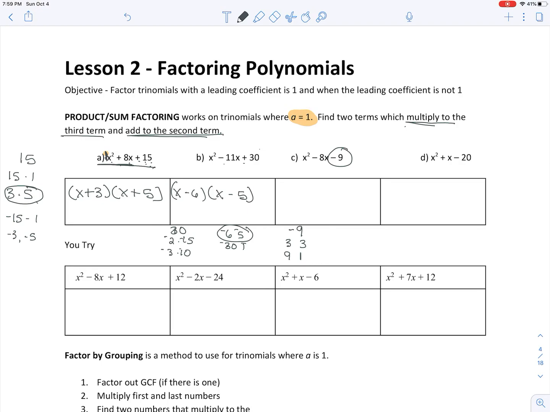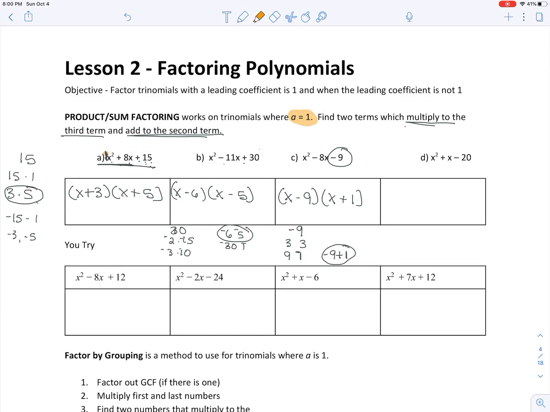So I know that's not true. If I do 9 and negative 1, if I add that together, I'll get positive 8. But what if I did negative 9 and 1? If I add those together, I get negative 8. So this is my choice. So it's simple, x minus 9, x plus 1.